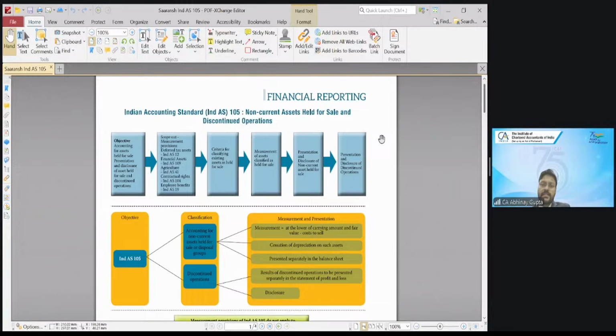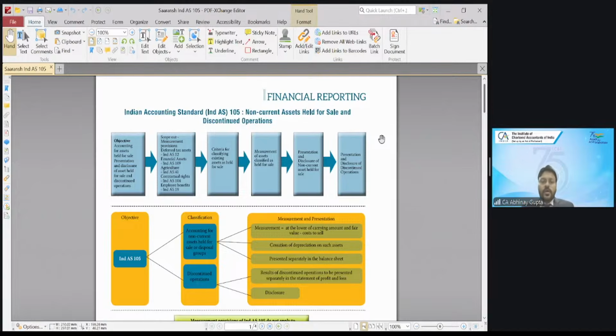Just to demarcate that these are the assets which the management has identified for selling in the near future. That's the core objective of the standard, so that users of the financial statements will be able to comprehend the financial statements in a better way and understand how the management is proceeding with the use or discarding of certain assets, right? So that's the core objective.